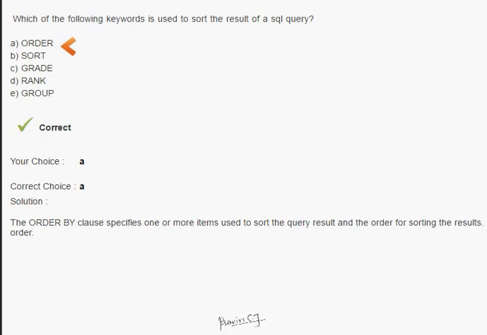The answer for this question is order. It was a simple question, but we wanted to see all the other options also. Group is something different. The group by clause is used when we have multiple columns of a similar table and we want to fetch results, and there is ambiguity.